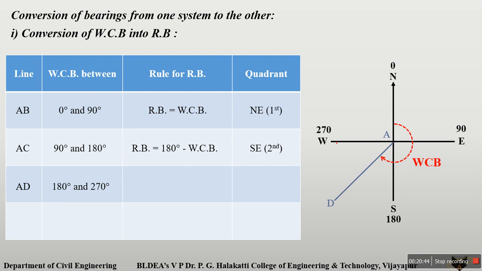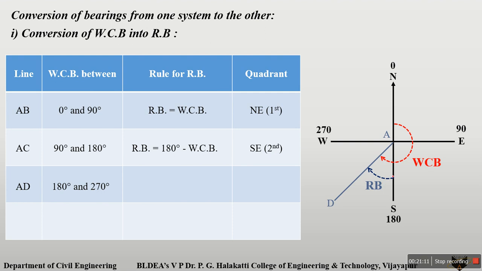Now, how is the RB measured in the third quadrant? From the south direction, the reference line, towards the line, like this. This is our RB. So now we have to find this value. How will we calculate it? Very simple.